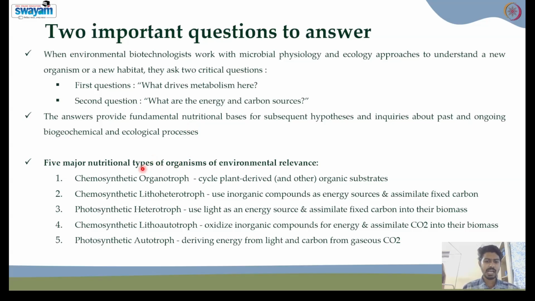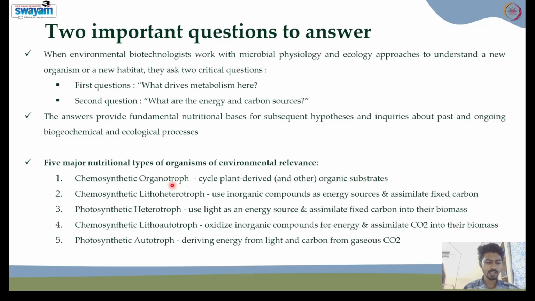If you see again the types of organisms, as we have seen, based on the electron, energy, and carbon source, there are different types of organisms that prevail in the environment. The first type is the chemisynthetic organotroph. And what does it mean?